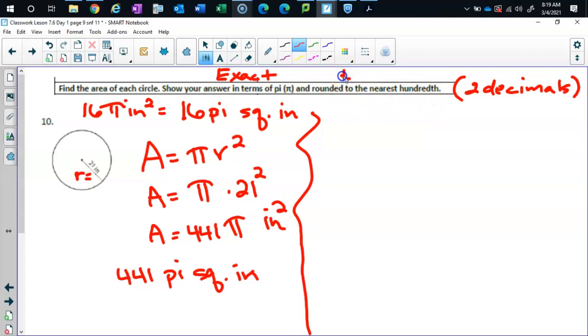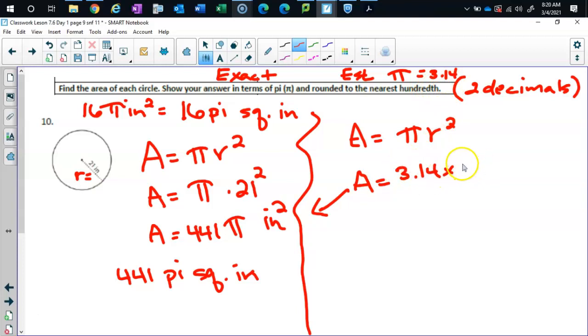Now, I want you to do the same exact thing, find the area, but now we are going to do an estimate. I want you to use 3.14 for pi. Go. All right, well, we can really go right down to this line. Let's start from the beginning now. Area equals pi r squared. Area equals, we're going to use 3.14 for pi.